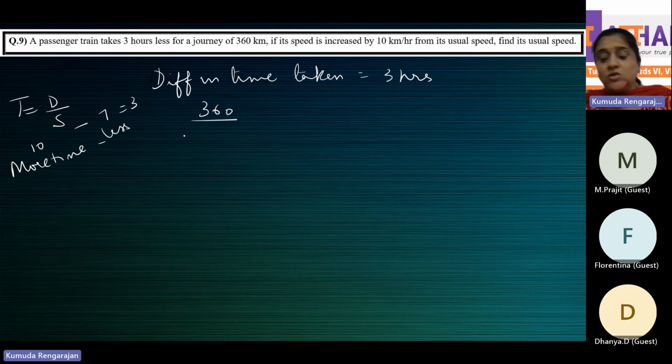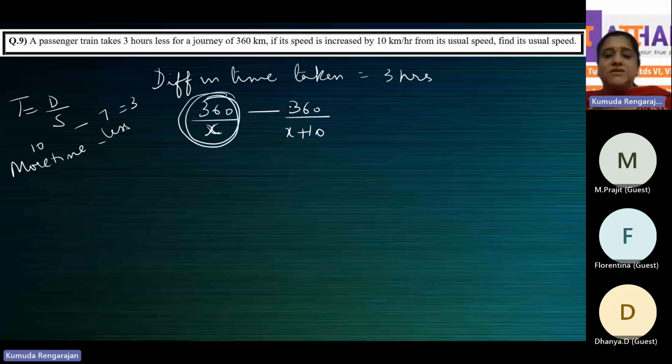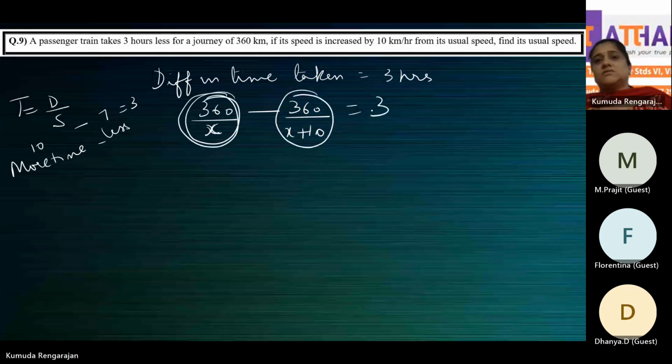Speed should be less, then only more time, so less is x here, minus distance by speed, more speed, x plus 10. So more time taken minus less time taken is equal to 3 hours.